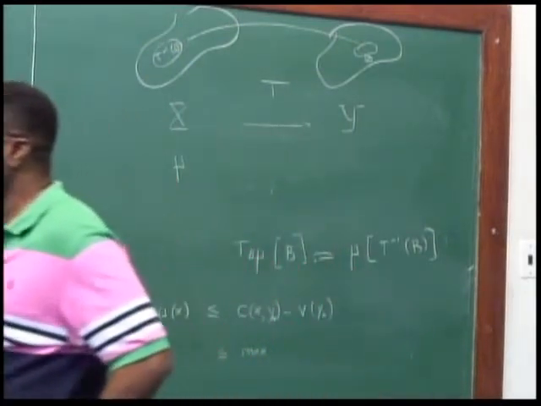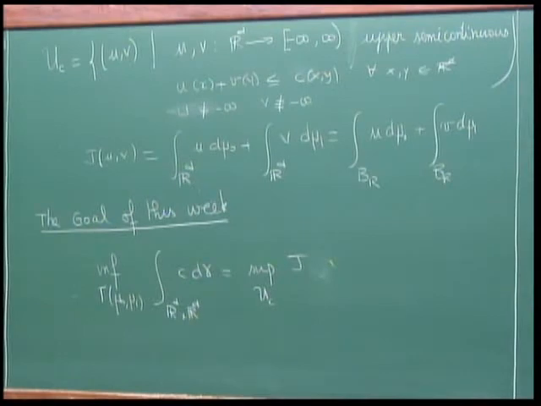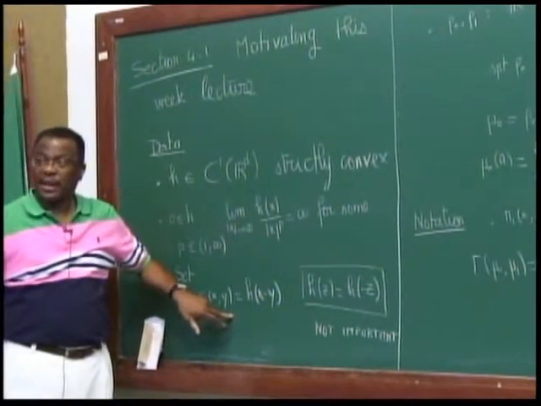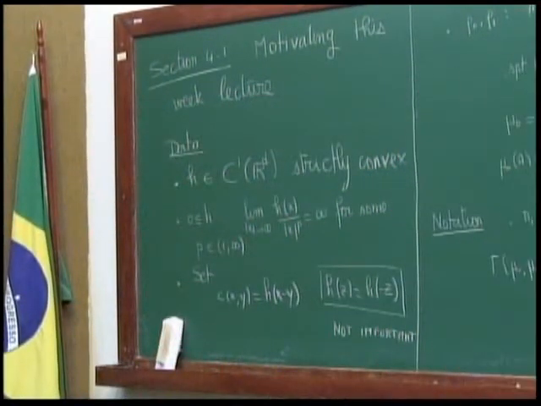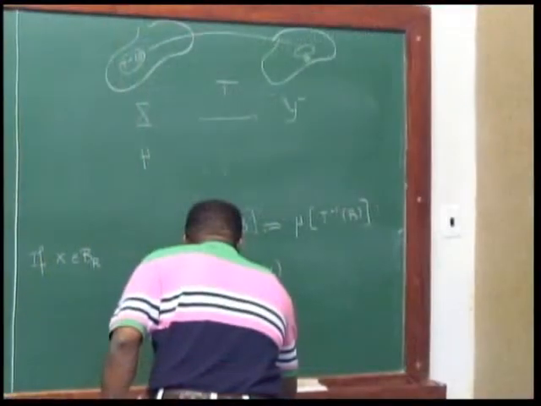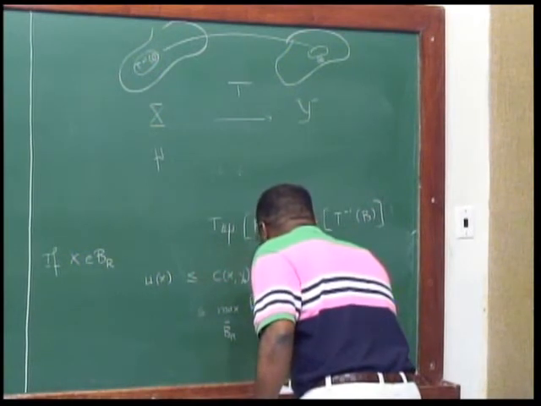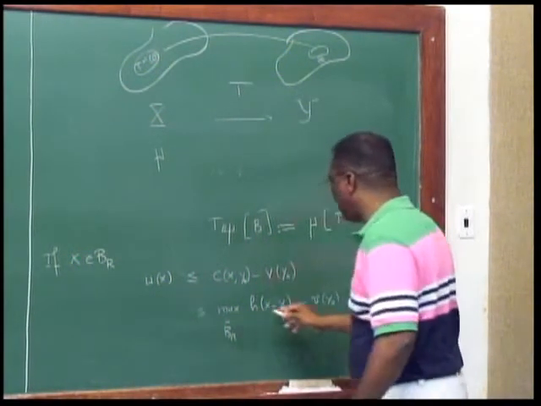Let us remember that my function h is of class C1. Therefore, c is of class C1, and in particular, c is continuous. So the maximum on the closed ball of radius r of h of x minus y naught is finite.